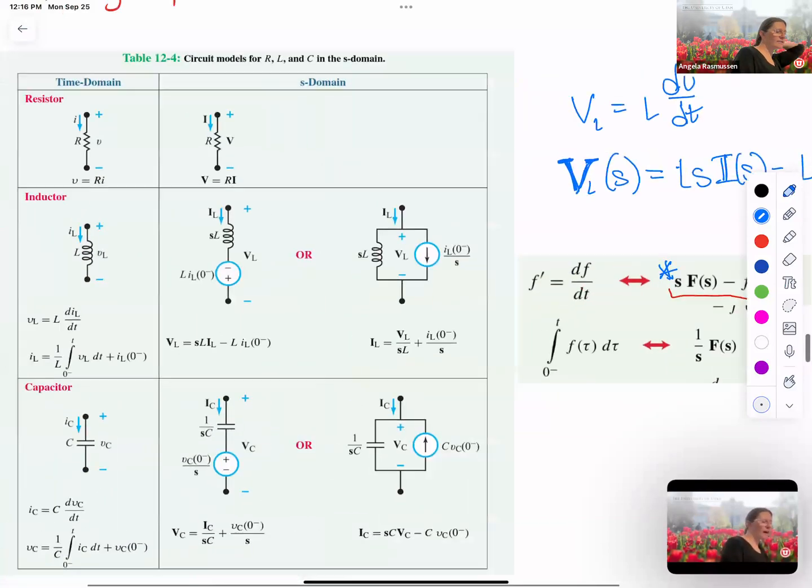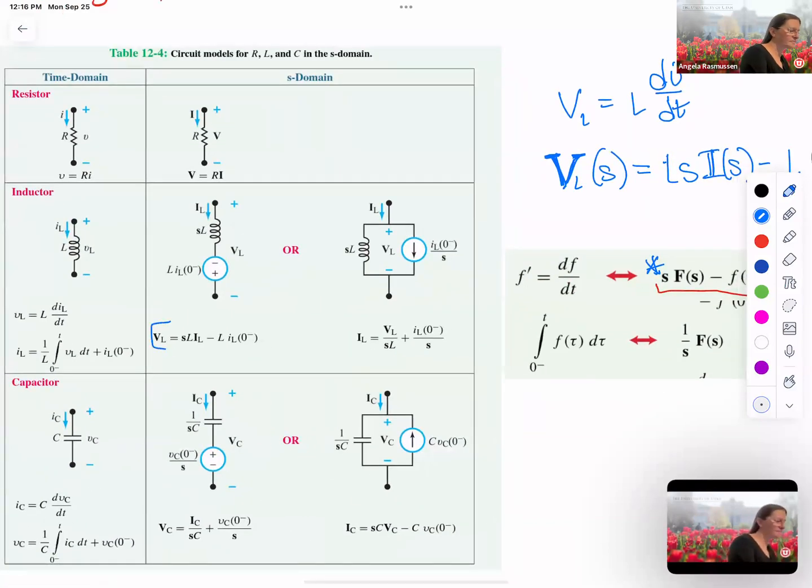So that looks like this one. And so SL is going to be the value of that inductor, and IL is going through it, and then a minus, so that's why the minus is on the top, IL 0 minus. And so that looks like a battery.